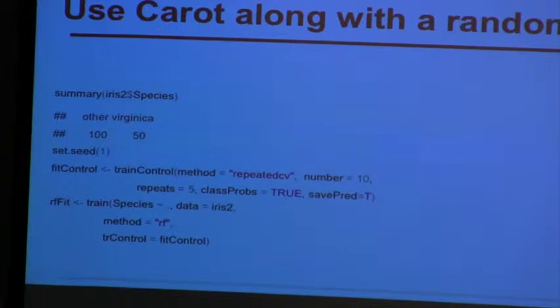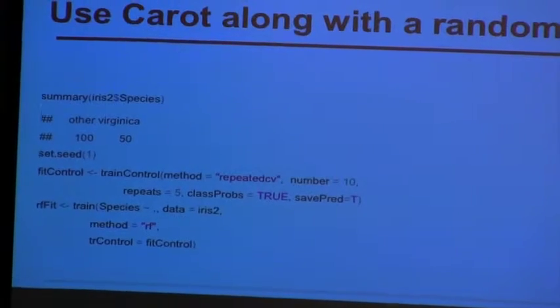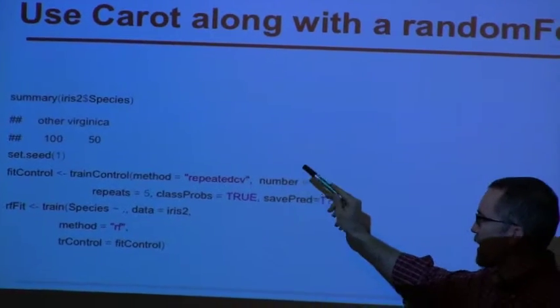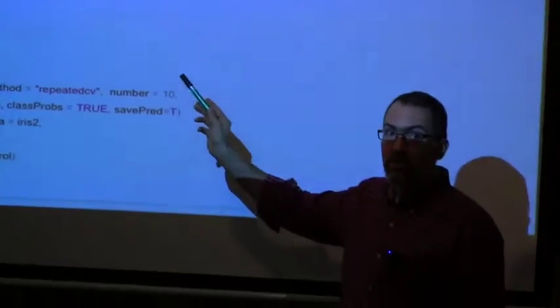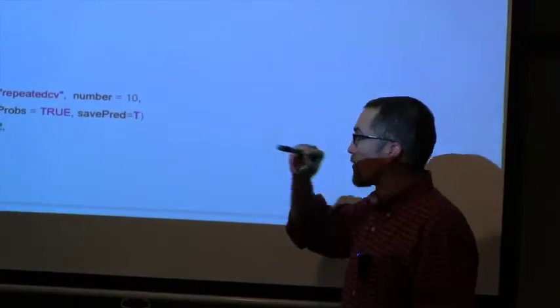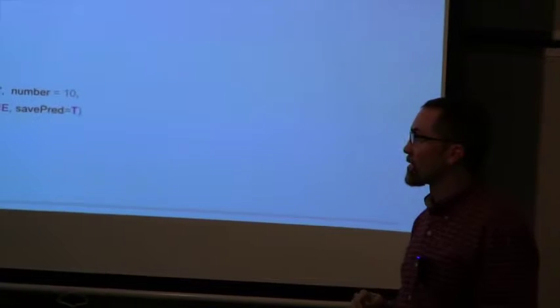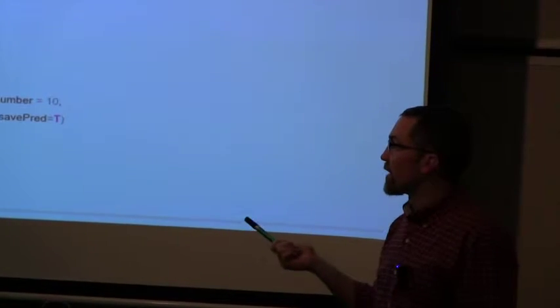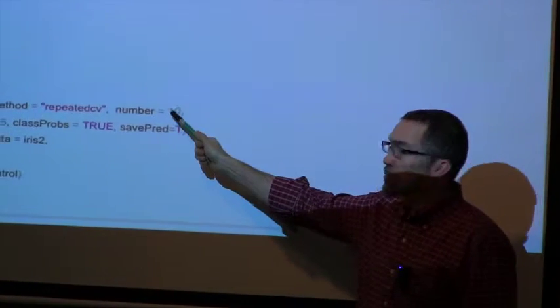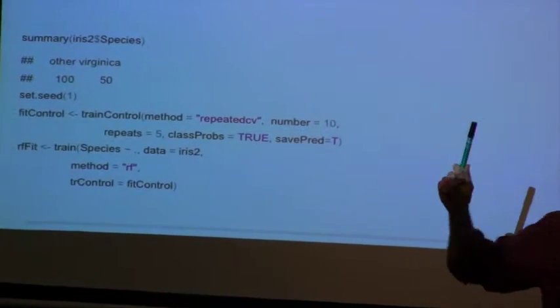And I'm interested to find out the other things that happen because I actually haven't looked at it since I put it together. So the other thing we did is we bootstrapped, and actually in this train control, and I don't use Caret all that often. I usually just use base R, and we had a roll-your-own cross-validation method that we used. But the number 10 I assume is how many folds, so that's the number of pieces of pie.